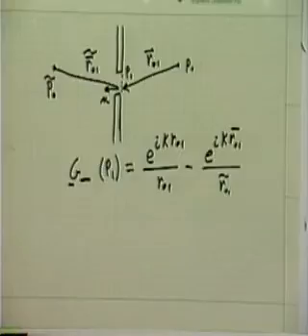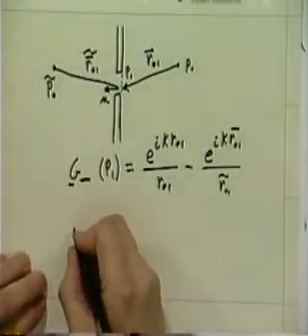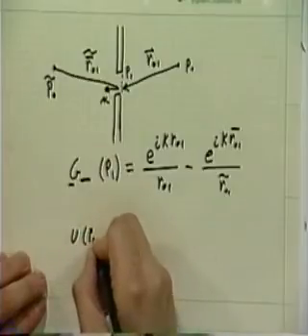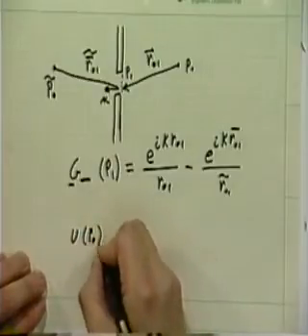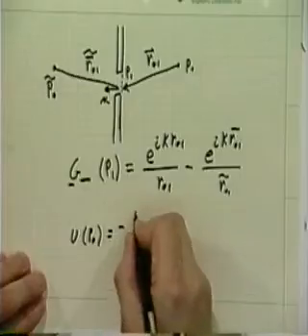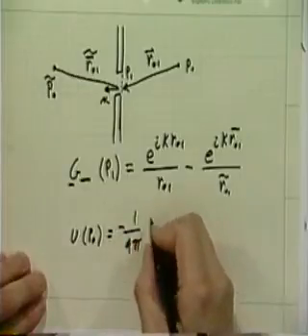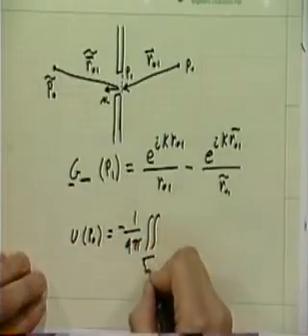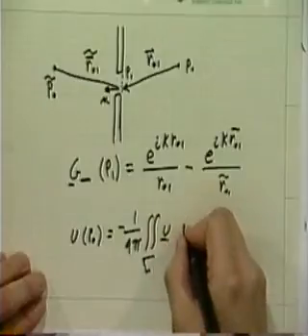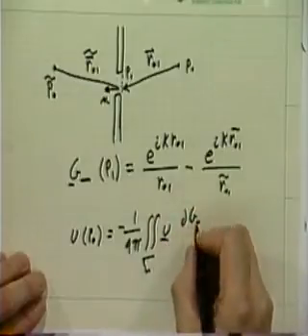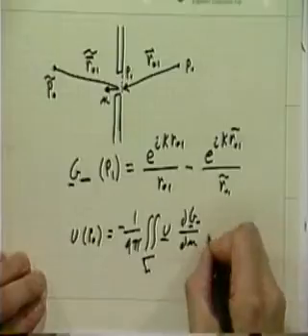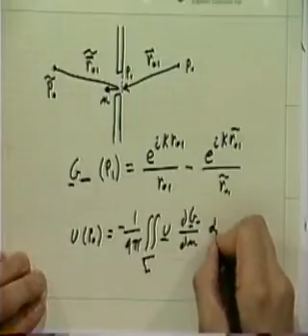And so now the disturbance at P naught here is minus 1 over 4 pi times the integral over this aperture sigma of u partial of G minus with respect to n ds.